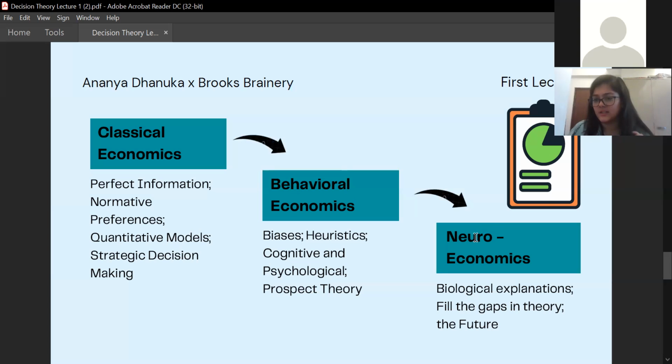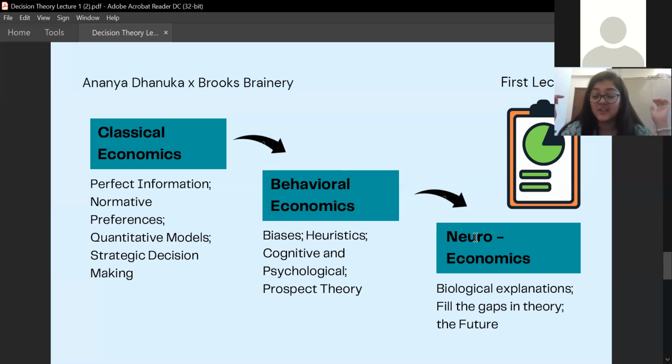Similarly, neuroeconomics gets its name from combining neuroscience and economics. So it's essentially literally reading how our neurons are firing in the brain when we are taking the decisions that we're taking, and developing a biological theory for the decisions that we take.